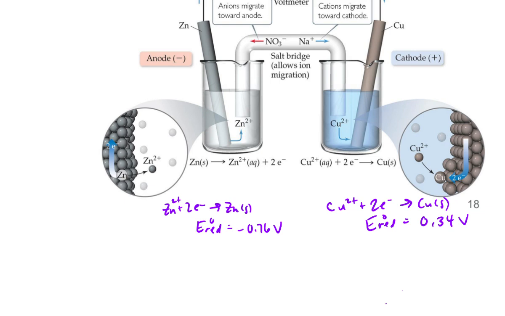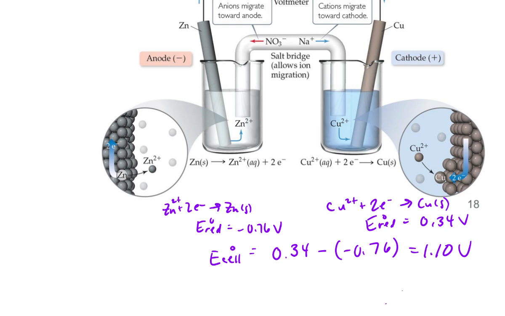And so when we calculate the cell potential, we take the reduction potential at the cathode minus the reduction potential at the anode, so I'll have 0.34 minus negative 0.76, and we'll get 1.10 volts.